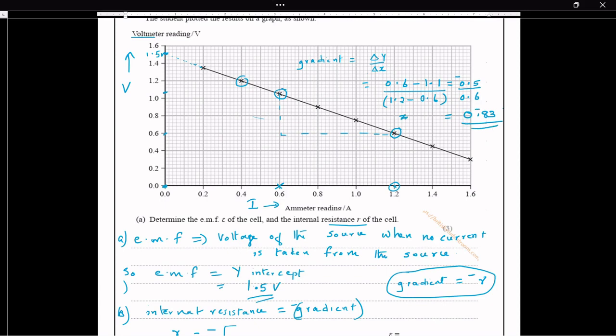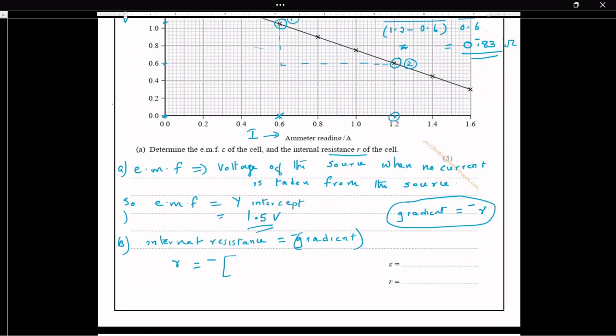You can try with other points also. I have taken the first point and this as the second point. If you want, you can select a third point in between and use it. So I'm getting an answer of negative 0.83.